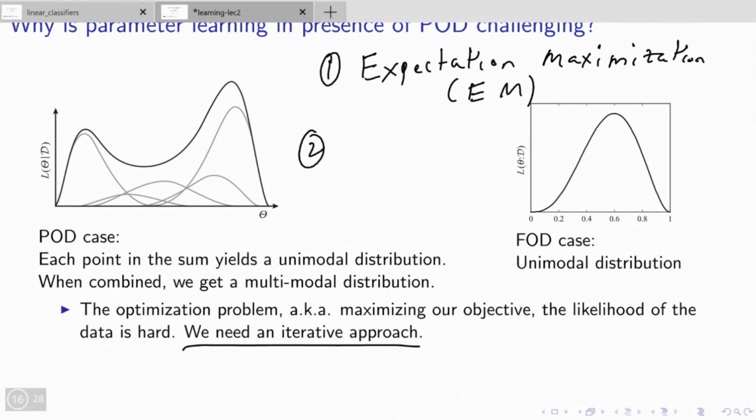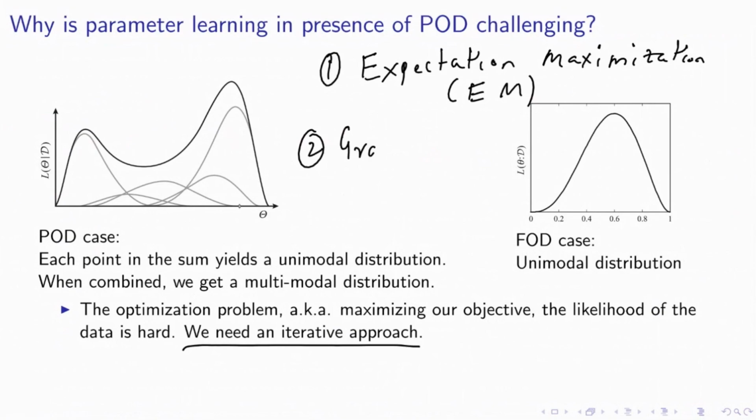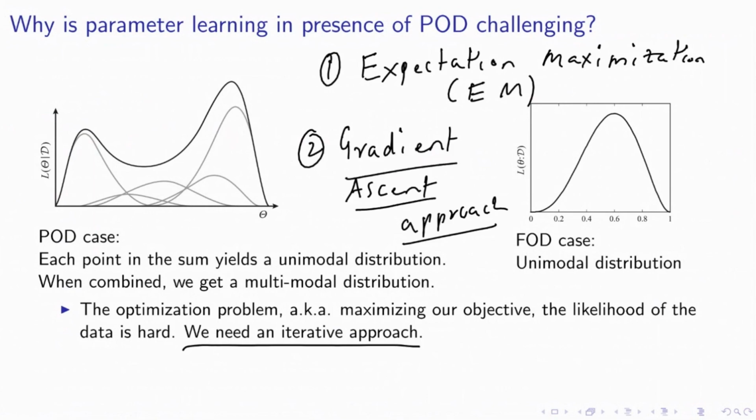And the second class of algorithms is the gradient approach. Since we are maximizing the likelihood, it's called gradient ascent. If the approach is used to solve minimization problems, it's called a gradient descent approach.